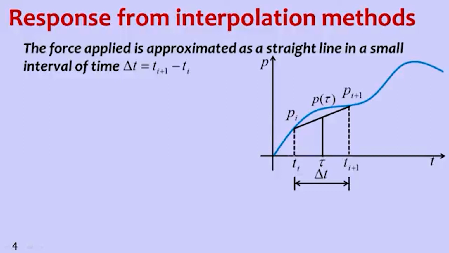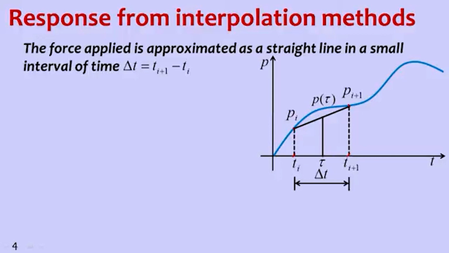So we have two time marks, at t i and then t i plus 1. Force at t i is p i and force at t i plus 1 is p i plus 1, and the time interval between these two points is delta t equal to t i plus 1 minus t i.